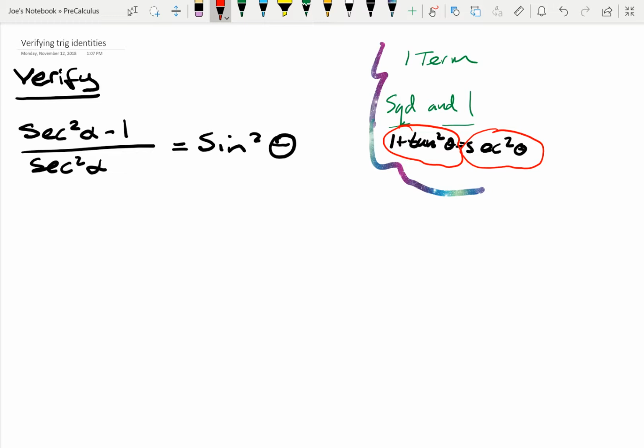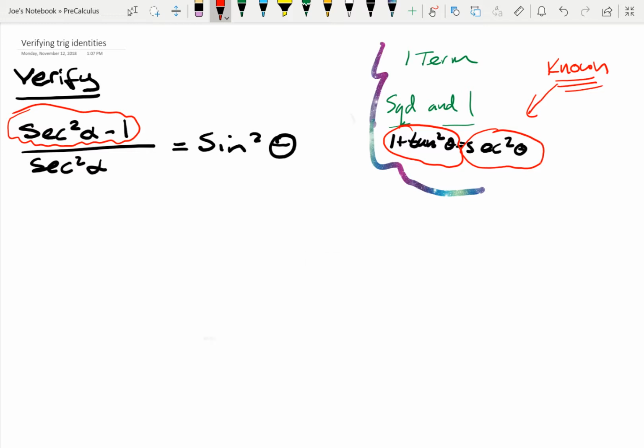Subtracting 1 gives me secant squared minus 1, which is the perfect quantity I need. You're looking to manipulate. These are all known replacements. These are all known. You can use them whenever you want. So you need to make them into what you have. So you can do in your thinking box, you can move them around, you can do whatever you need.